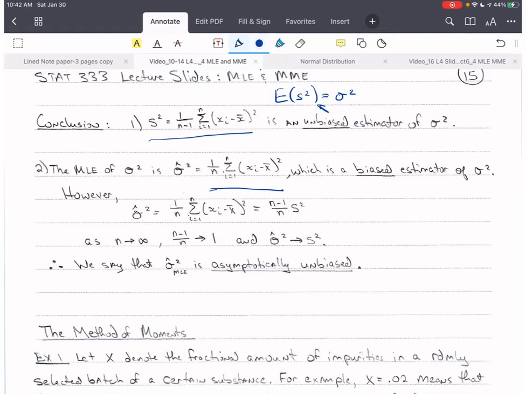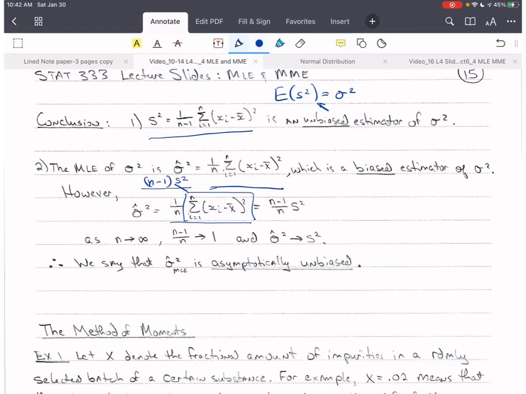However, I can write this expression in terms of s squared. How do I do that? Remember that this term here is n minus 1 times s squared. We showed that. So substitute this in for this quantity, and we get n minus 1 over n times s squared. Now, as n approaches infinity, n minus 1 over n approaches 1.